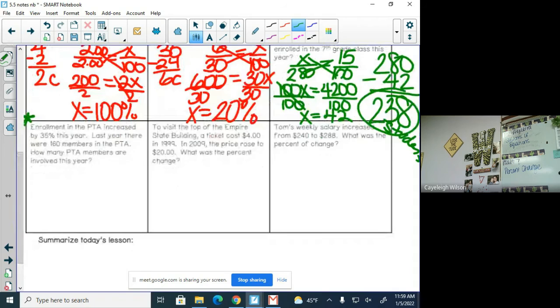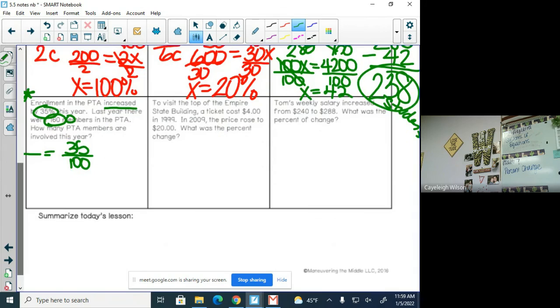Enrollment in the PTA increased by 35%. Last year there were 160 members, so that was the original amount of members. How many members are involved this year? So 35%. Percent always goes above 100. 160 is the original amount of people. We're finding the change. Okay?